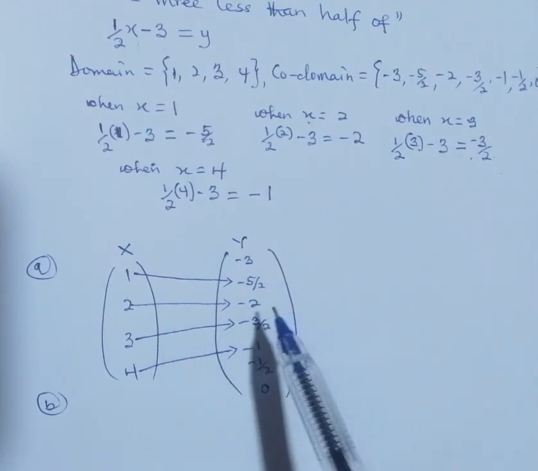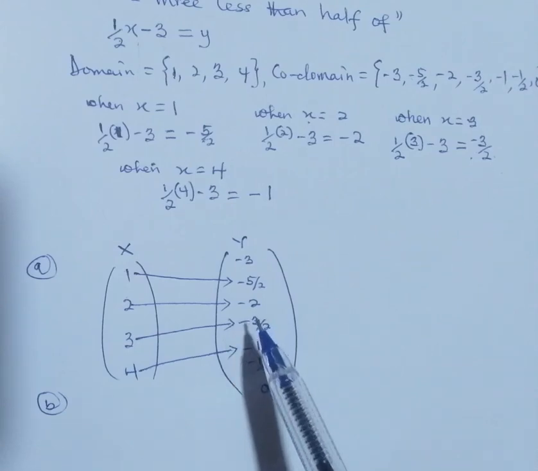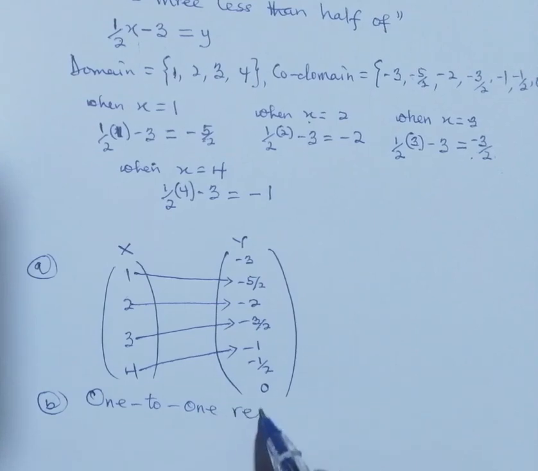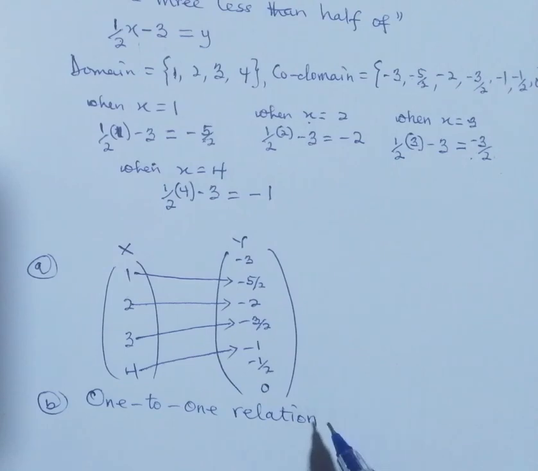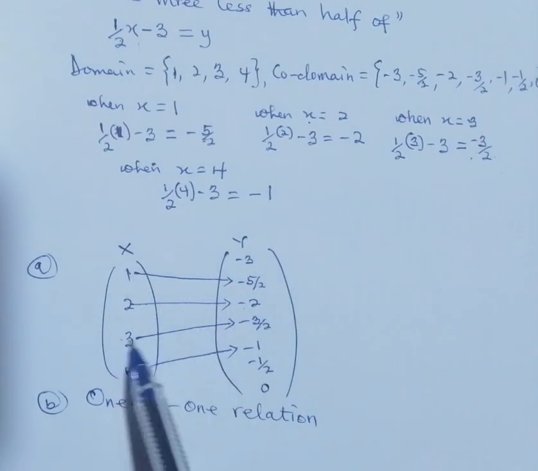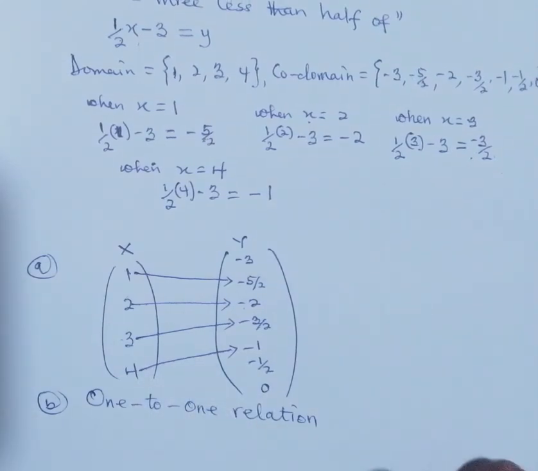In that case, what type of relation is that? We can say that the type of relation is one to one. One to one relation. Very good, because one element to one element. Exactly. Good.